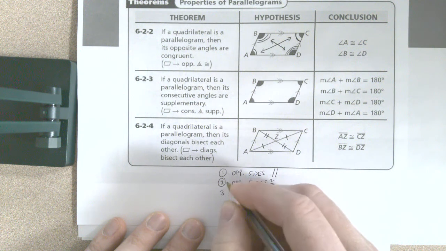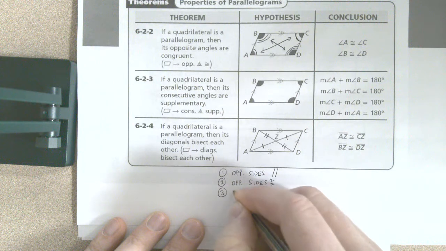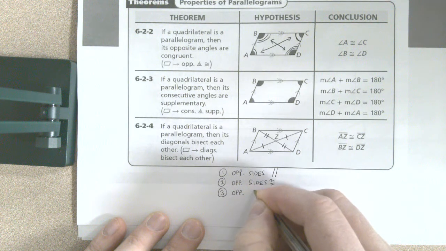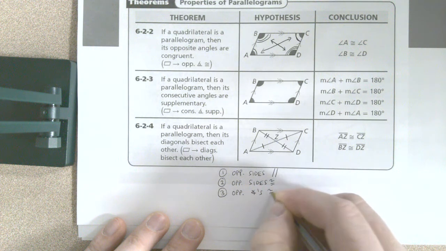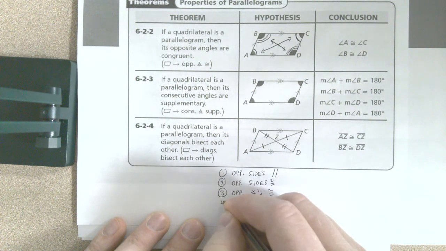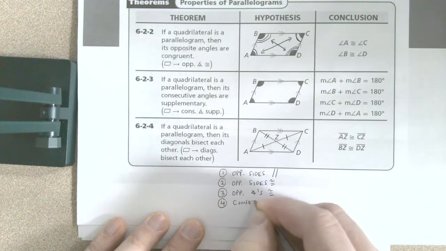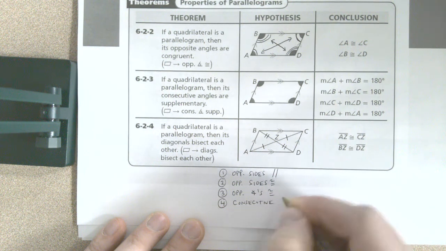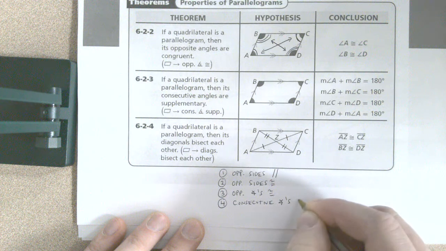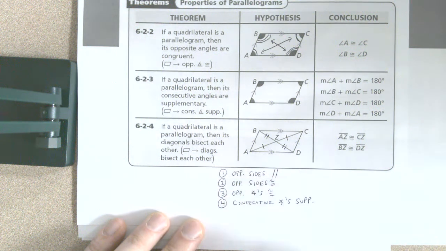Number 3, opposite angles are congruent. Number 4, consecutive angles are supplementary.